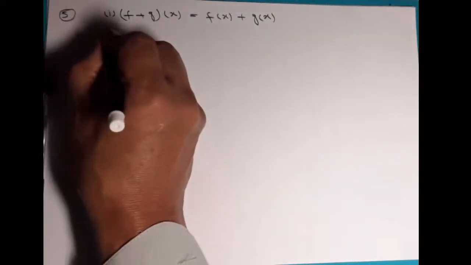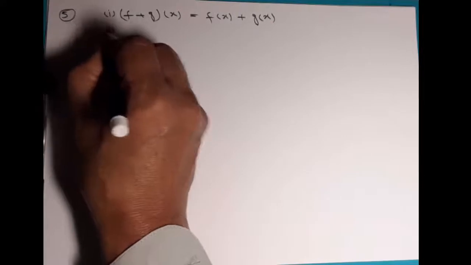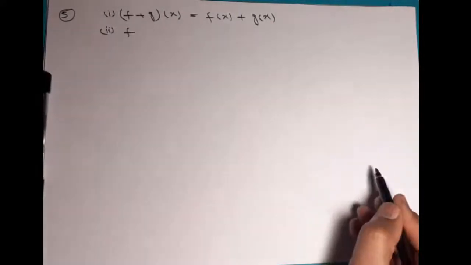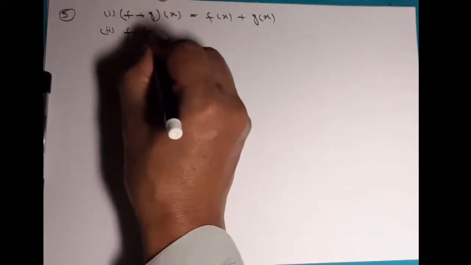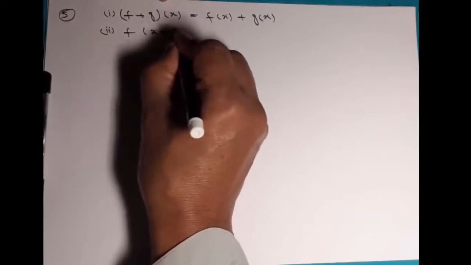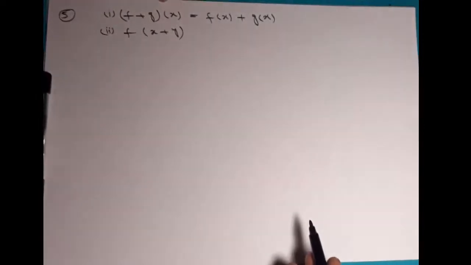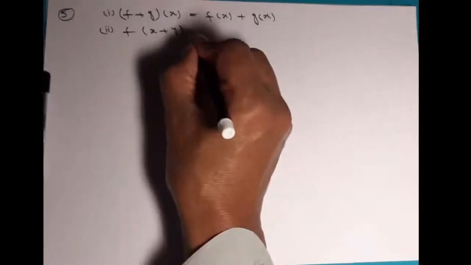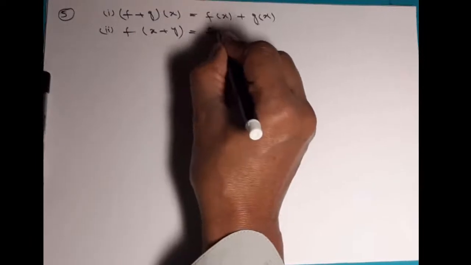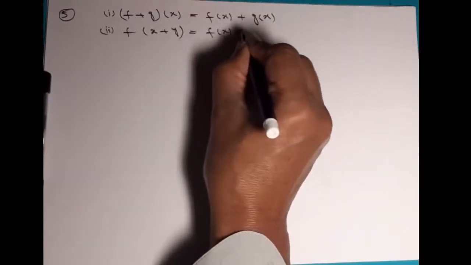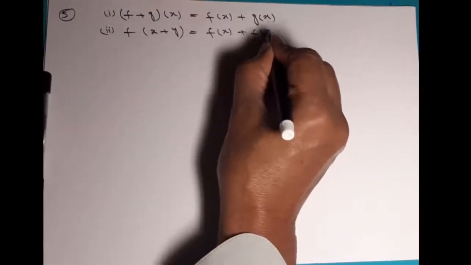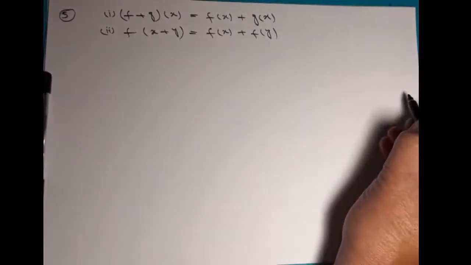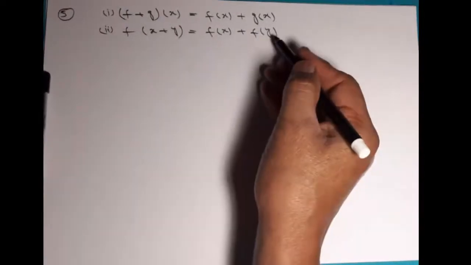Secondly, suppose we are given an endomorphism f and two elements x and y of group G, and we add these two elements. Group G is an abelian group and the binary operation is addition. So this is equal to fx plus fy, because f is an endomorphism, in particular a group homomorphism.